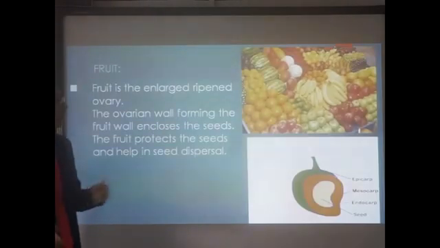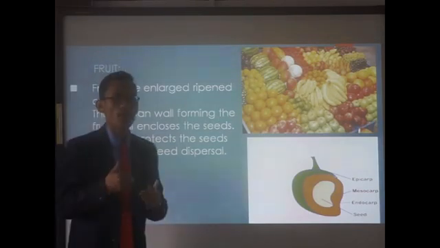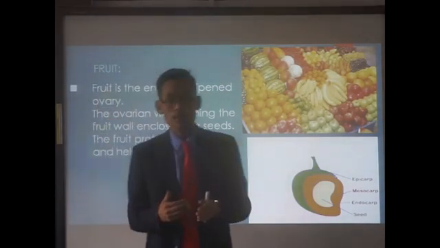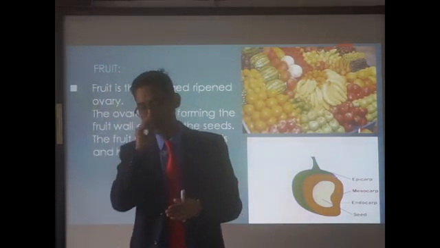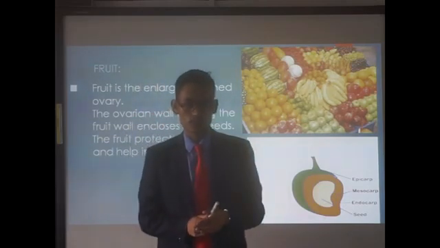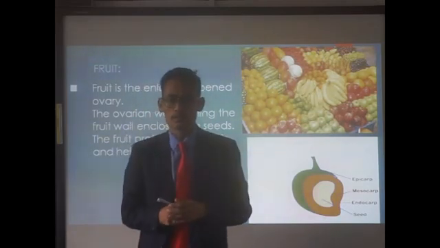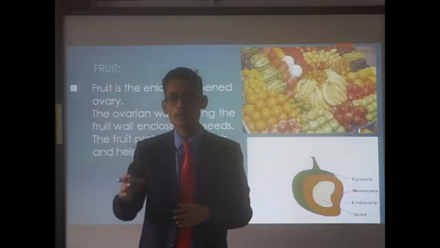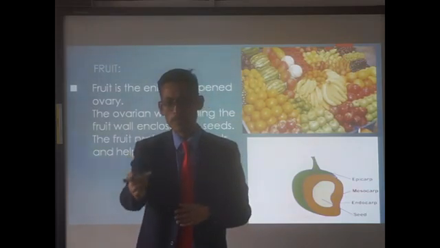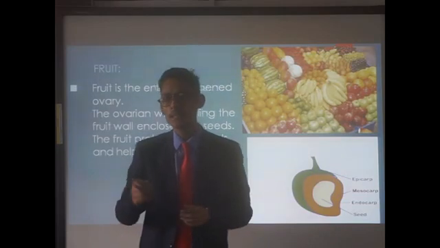So what do you mean by fruit? Fruits are actually the ripened ovary. Now over here, try to recall the process of fertilization which we have done earlier in our classes. Fertilization is the process of fusion of the haploid male gamete and the female gamete.